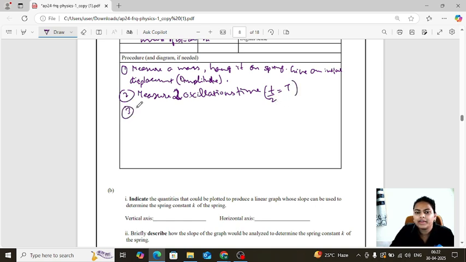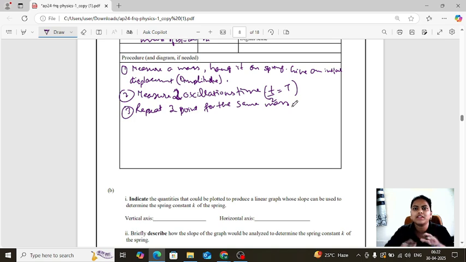And then, step 3, repeat the second step for the same mass, just to confirm whether your readings are correct or not.